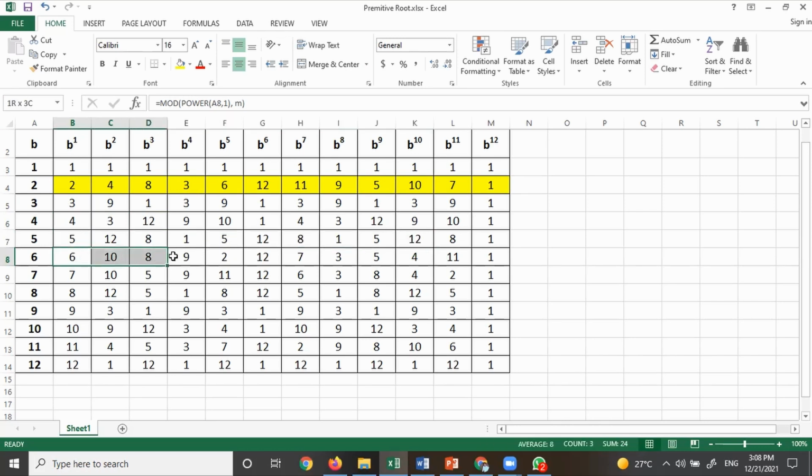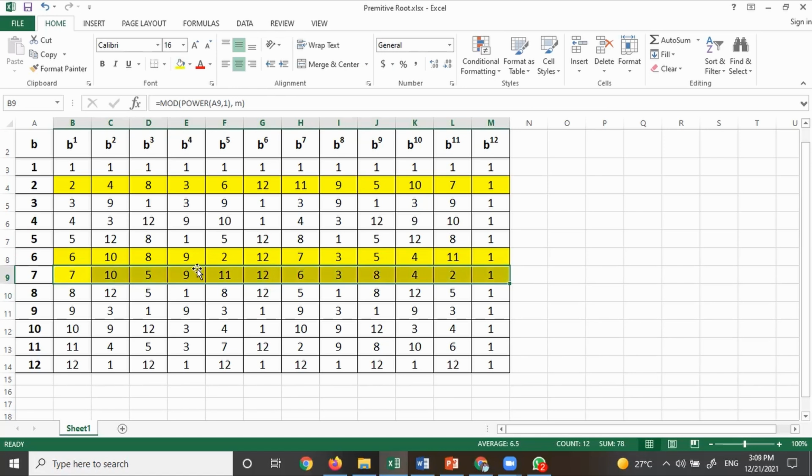For 6, it is not getting repeated. Yes, so no values are repeated. So let's find out those rows where no values are getting repeated. I guess 7 also is there.